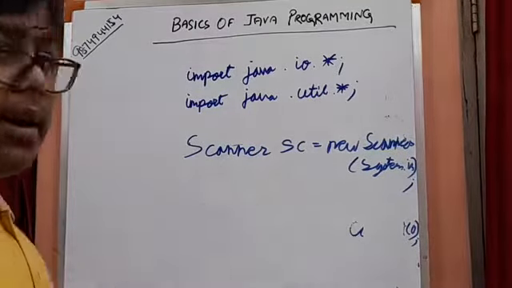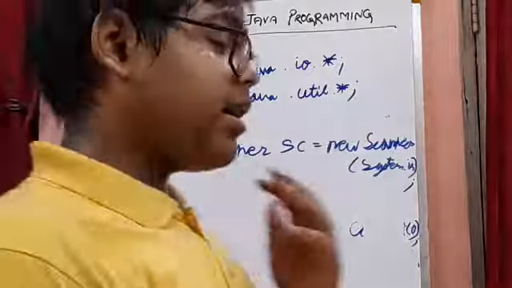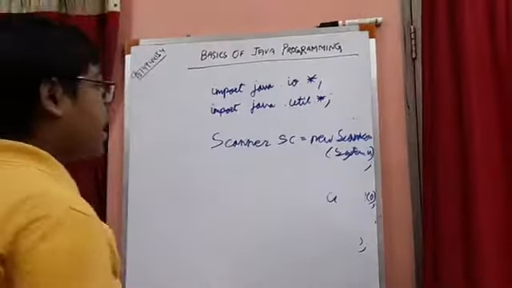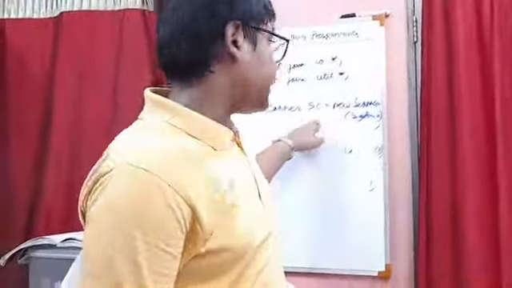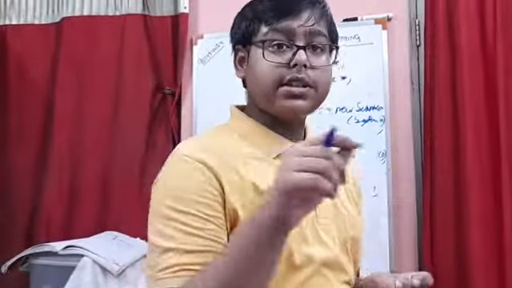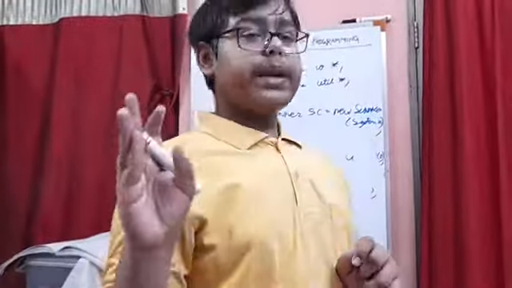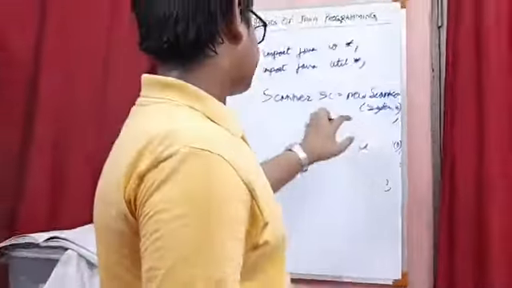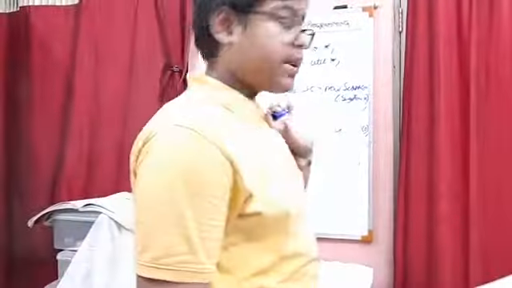Now, like class declaration which you will learn in the theory, Scanner is the class, SC is an object of that class, and new allocates the memory, meaning it creates a space for that class object. Now Scanner is the class itself, and System.in is the syntax.